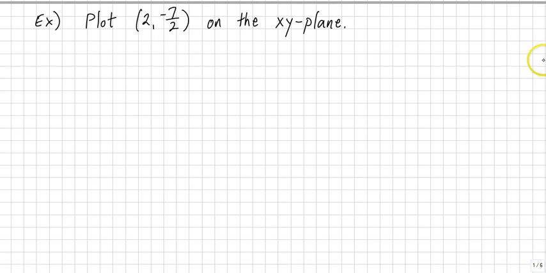Let's remind ourselves how we plot a point on the xy plane. We need to plot (2, -7/2). We'll sketch an xy plane or coordinate plane. Graph paper is always handy, but if you don't have graph paper, just be careful.